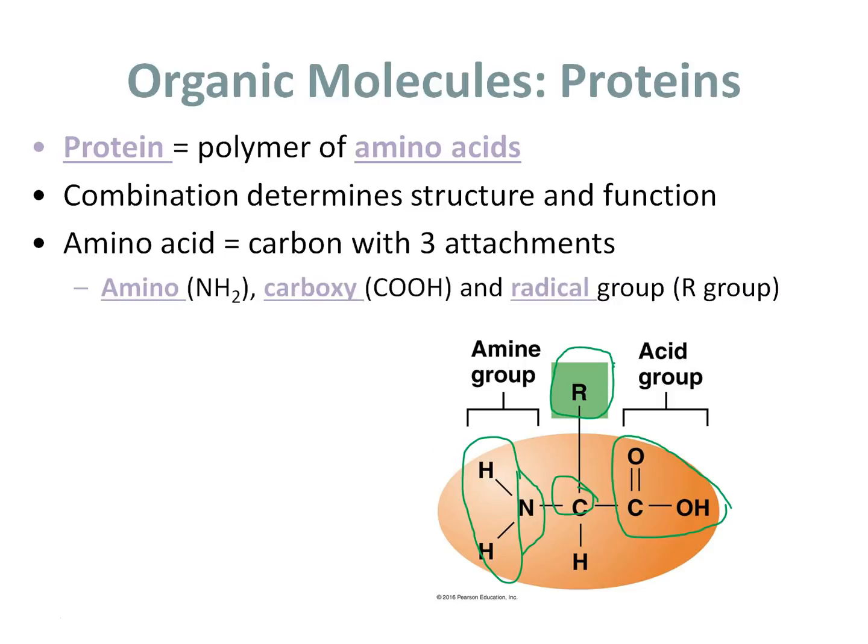So the amino group is the nitrogen with 2 hydrogens, the carboxy or acid group is that COOH, and the radical or R group is that last little attachment onto the carbon. There are 20 unique amino acids, and they differ in their R groups, and those R groups are what gives them their functional ability. So we combine these amino acids in different ways to make different proteins that have different properties.